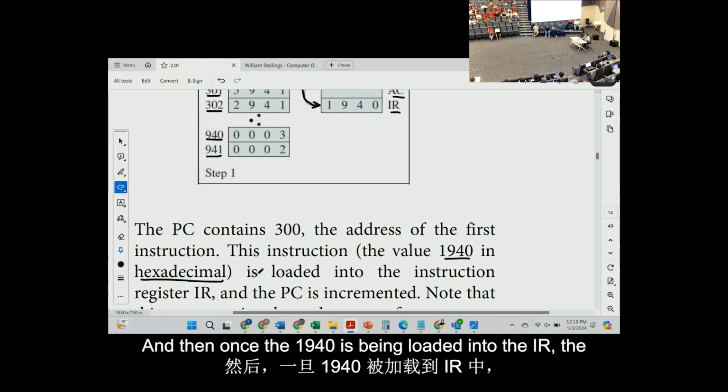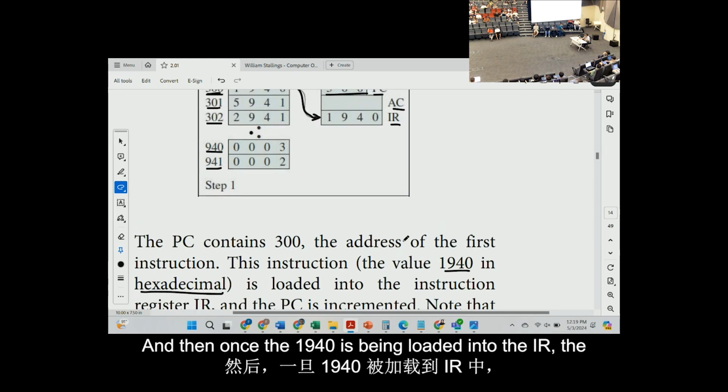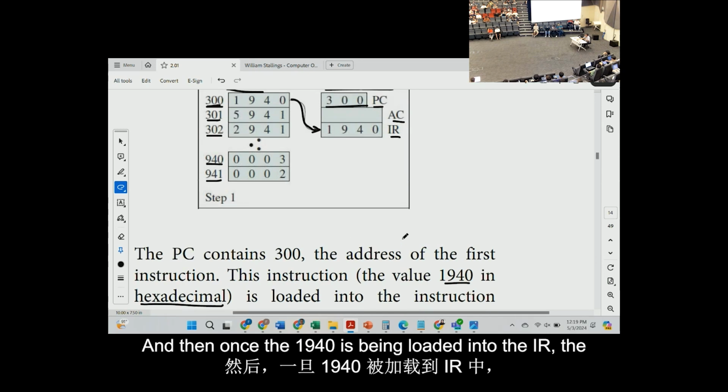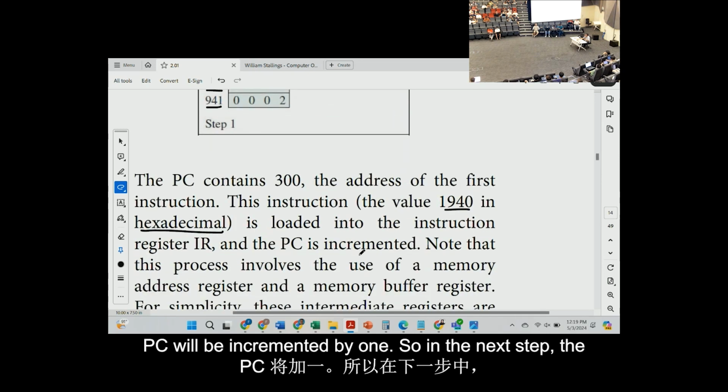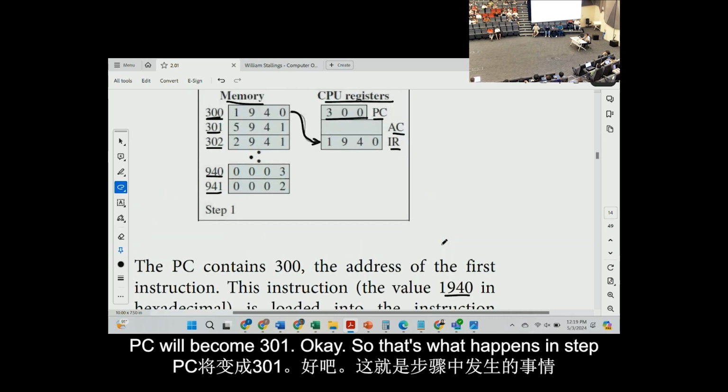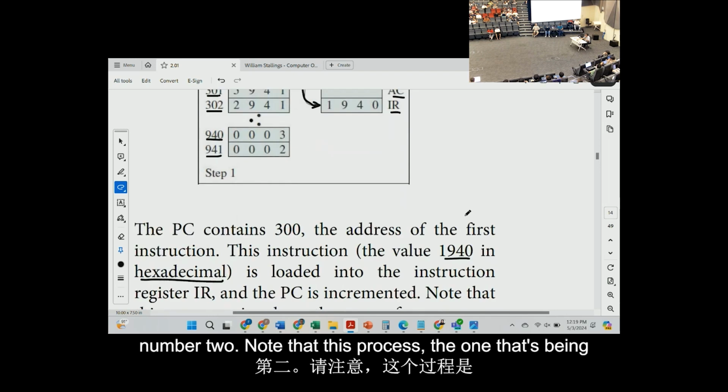And then once the 1940 is loaded into the IR, the PC will be incremented by 1. So in the next step, the PC will become 301. Okay, so that's what happens in step number 2.